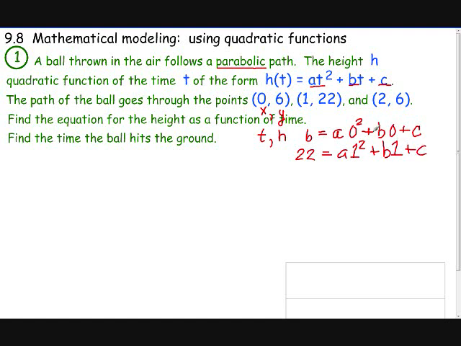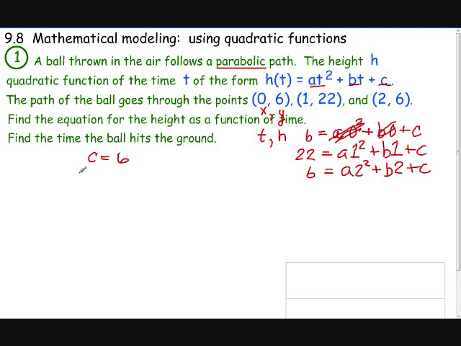And finally, we have an output of 6 again. And now our t is 2 squared, plus b times 2 plus c. I'm going to simplify that over here. This one I love because these zeros get zeroed, and I end up with c equals 6.